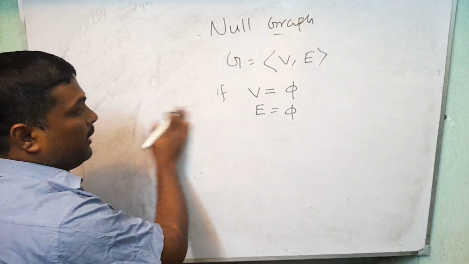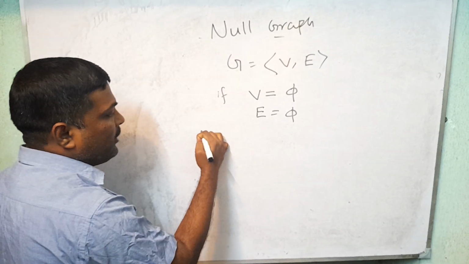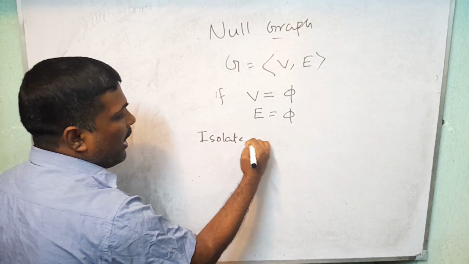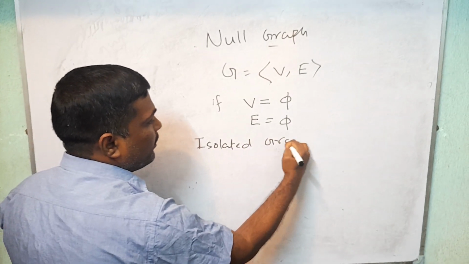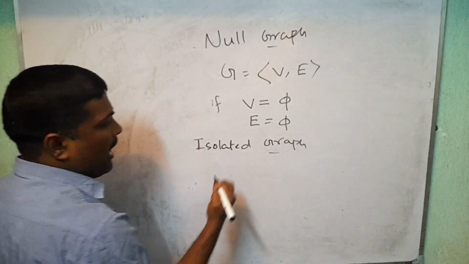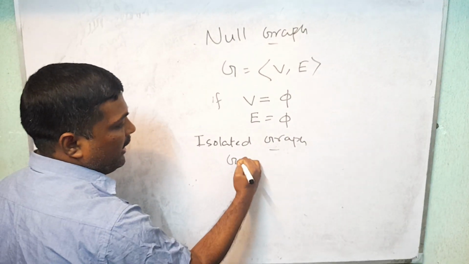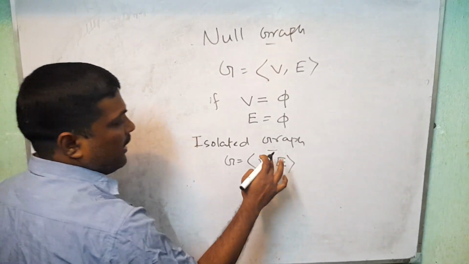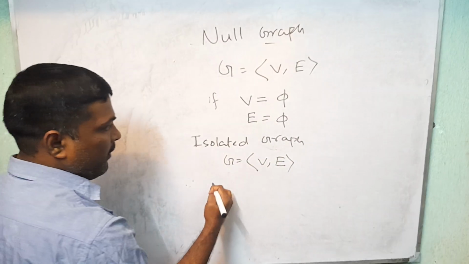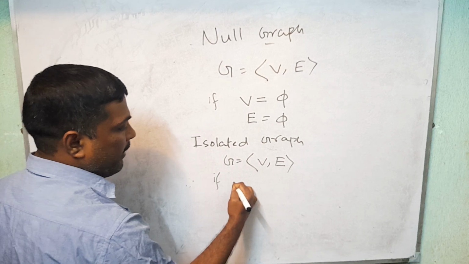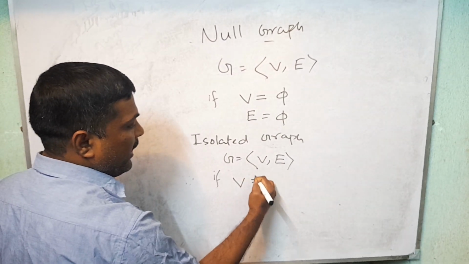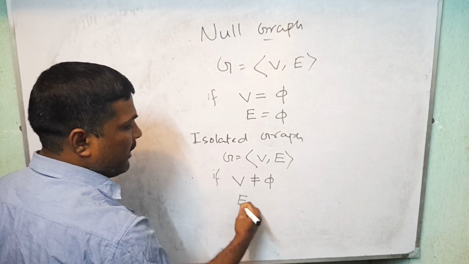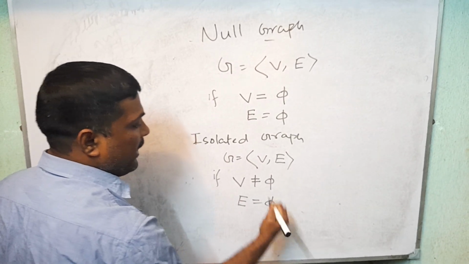Next, isolated graph. A graph G(V, E) is an isolated graph if the vertex set is non-empty but the edge set is empty.